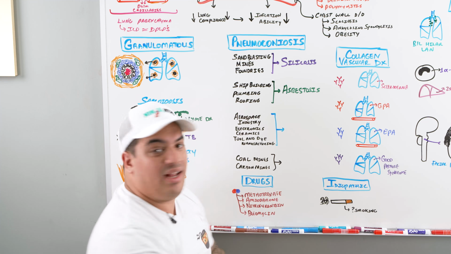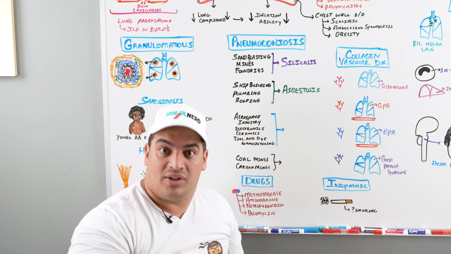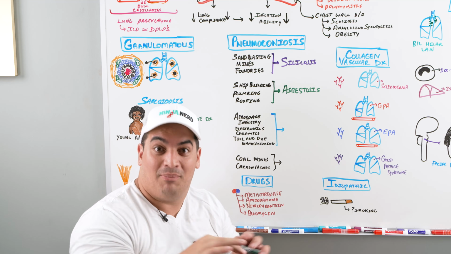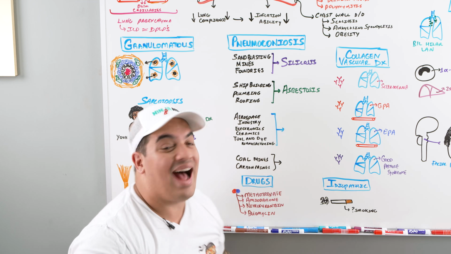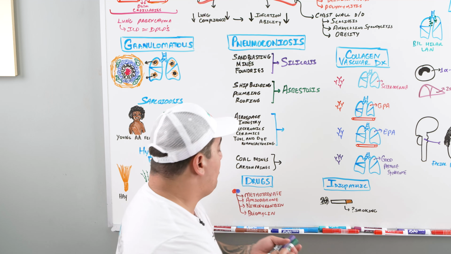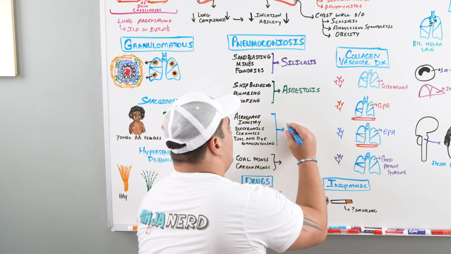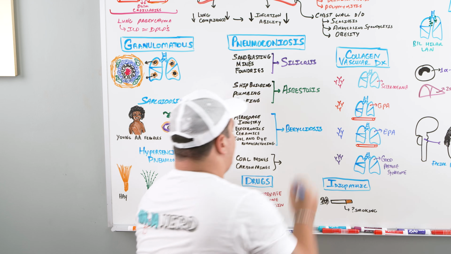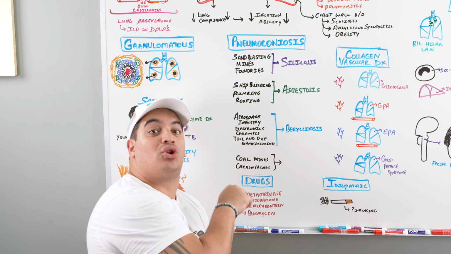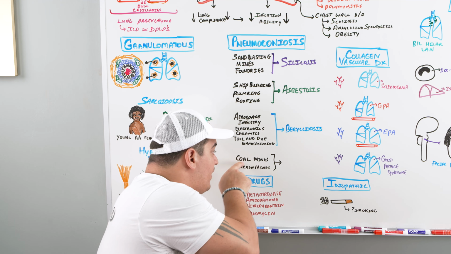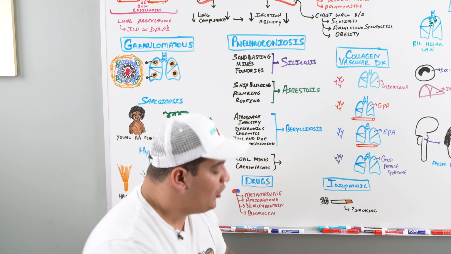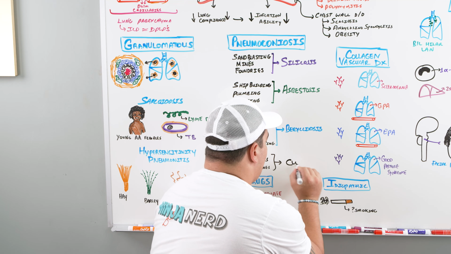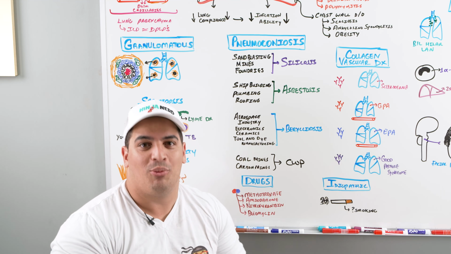If the patient works in the aerospace industry, exposed to nasty things like rocket fuel, or in electronics, computers, ceramics, or tool and die manufacturing, you really want to be thinking about berylliosis. Okay, berylliosis. And then last but not least, if the patient is working in coal mines or carbon mines, and it has to be very, very specific, coal or carbon mines, you want to think about coal workers pneumoconiosis. We call this CWP.